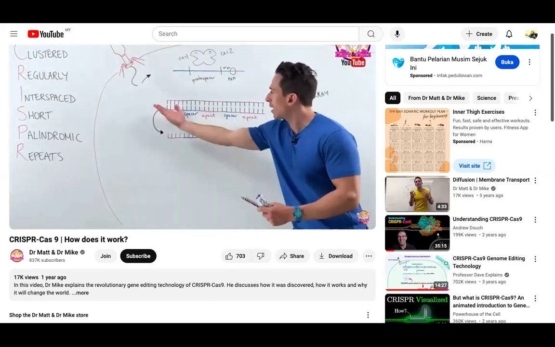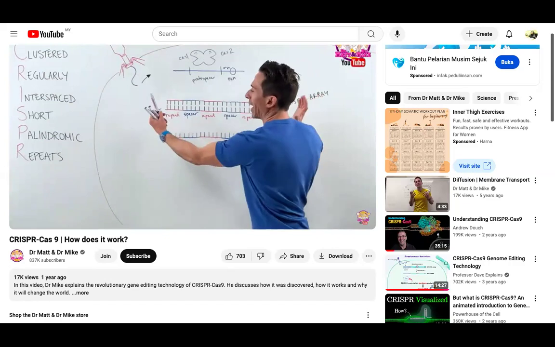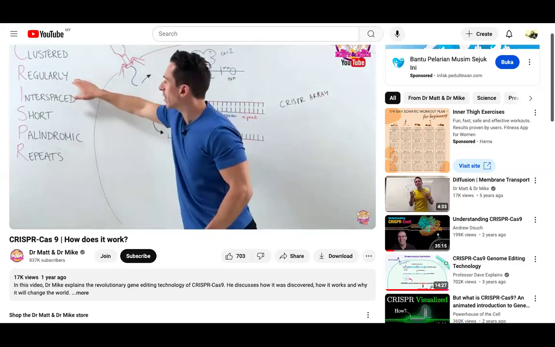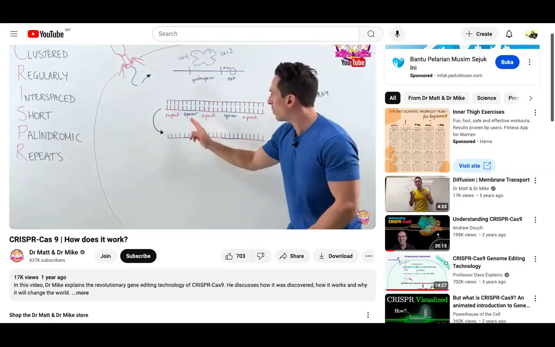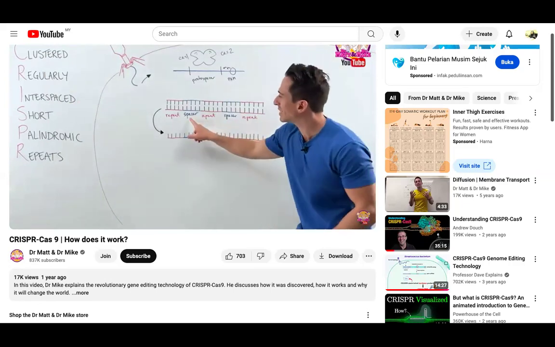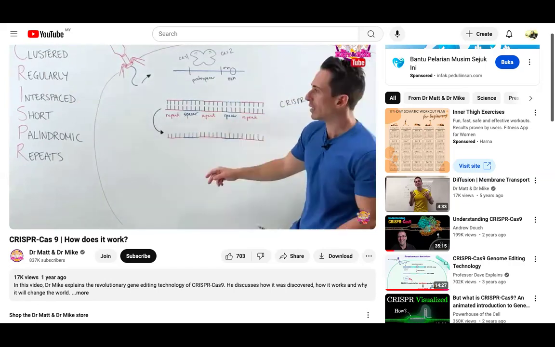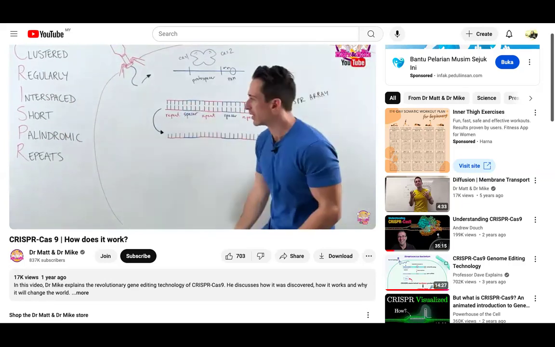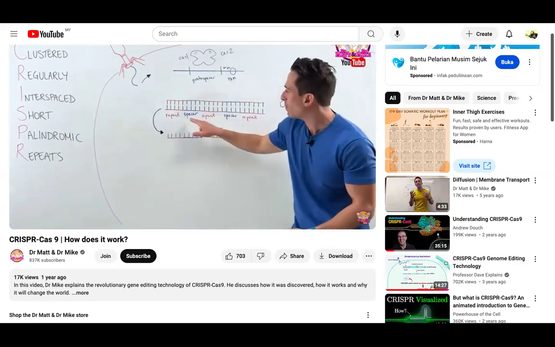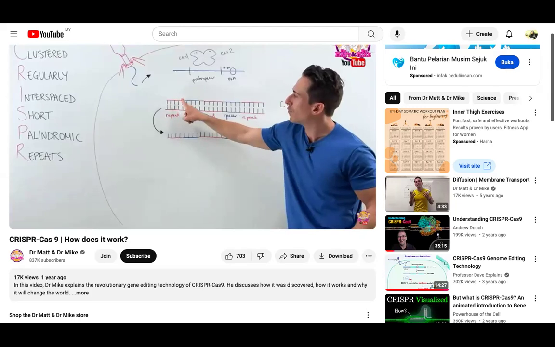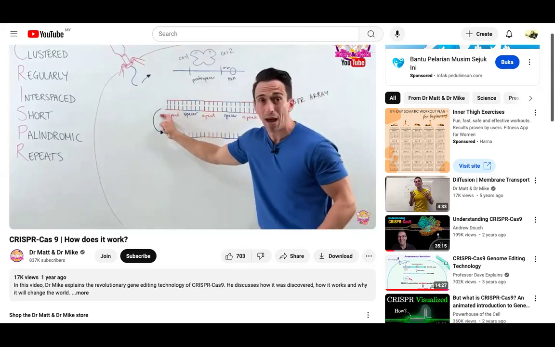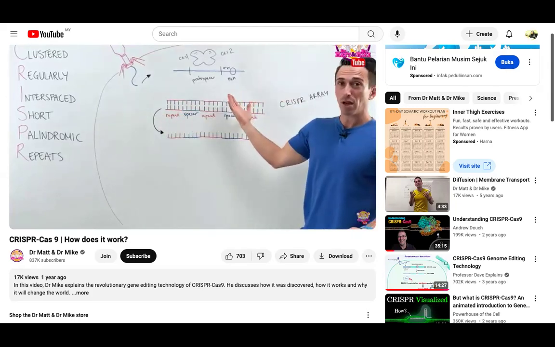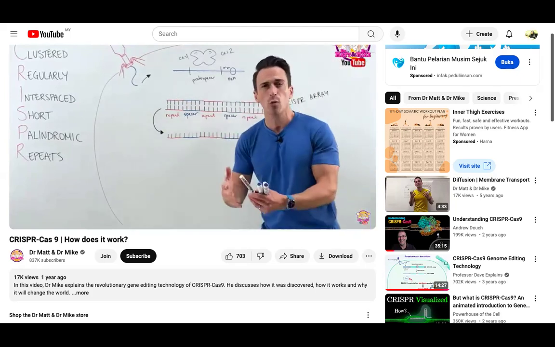Clustered because it's in a particular grouping or area of DNA. Regularly interspaced: repeat, repeat, repeat with these spacers in between. Short because they're only like 20 to 30 base pairs long, each of these things. Palindromic because the repeats read the same way forwards as they do backwards. So there we go. This is CRISPR. This is what we're referring to.